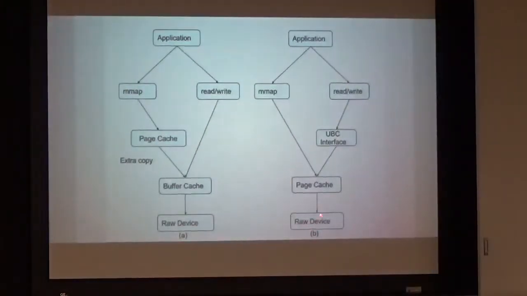So from the raw device, data comes directly to the page cache, and from the page cache the mmap happens in the usual manner. UBC also provides a way to get the data for the read and write system calls. So UBC is kind of both. It also includes getting the data from the raw device to the page cache. mmap after the page cache happens in the normal way.